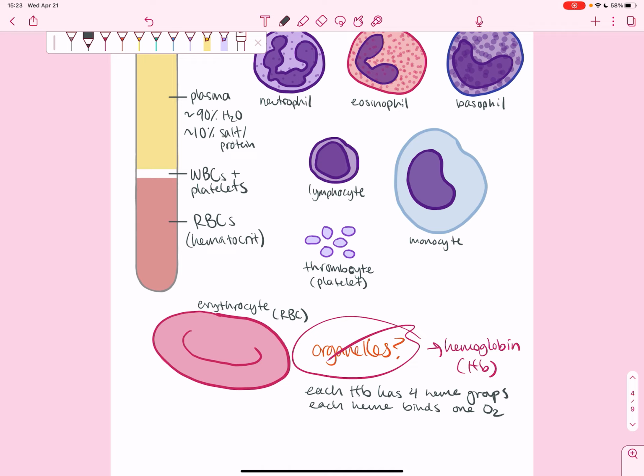There's hundreds of millions of hemoglobin proteins per each red blood cell. So that's a lot of oxygen that each red blood cell can carry. So I'm also going to write that out. Hundreds. So much oxygen.